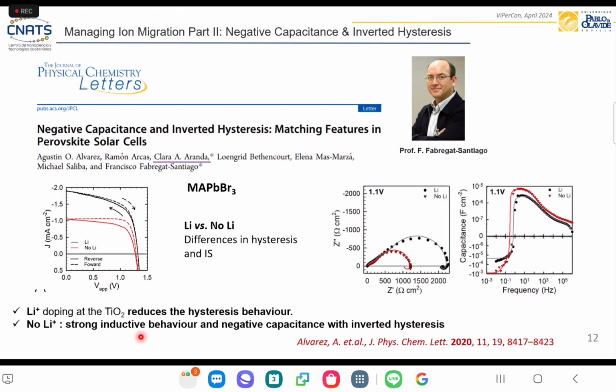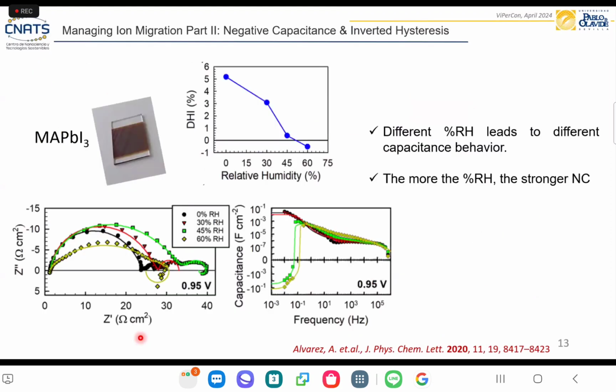But we need to prove, of course, that this is not a question of the wide bandgap formulation. So we need to prove if, in fact, the inverted hysteresis and the negative capacitance are always related. So we fabricated the typical MAPI formulation.